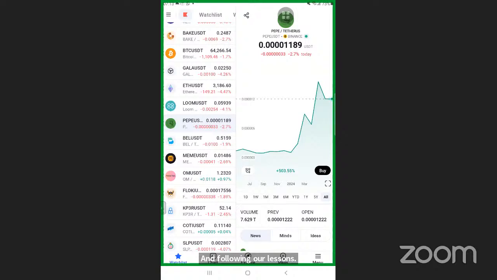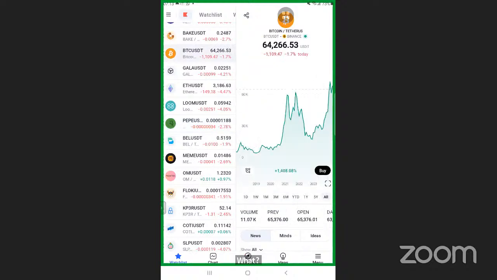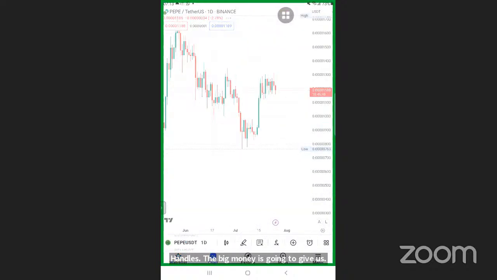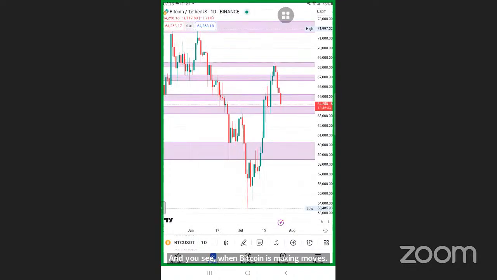All right. So we were looking at Pepe. Let us look at the big man here, and what type of candles the big man is going to give us. Let us look at Bitcoin and see when Bitcoin is making moves. I was doing some drawings here.